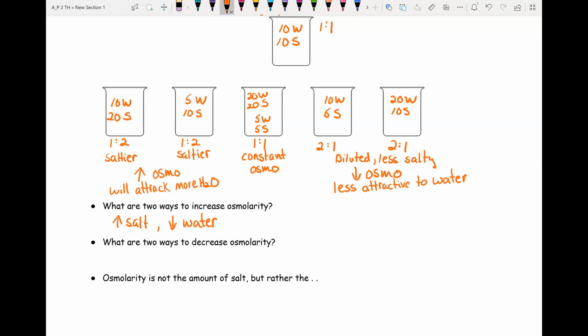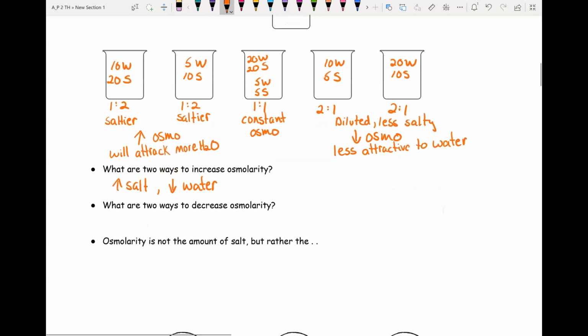Two ways to decrease osmolarity. So now look over to the right. If you decrease the salt or you increase the water, you make it less salty. And osmolarity is not just the amount of salt, but it is the ratio of salt to water.